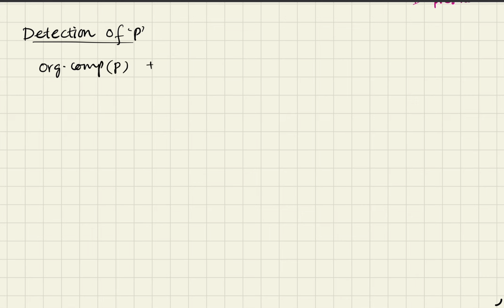Then detection of phosphorus. Now the organic compound containing phosphorus is treated with sodium peroxide, and it is converted into Na3PO4, called sodium phosphate.